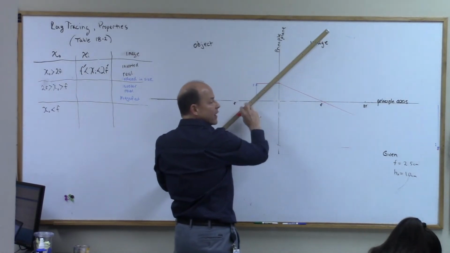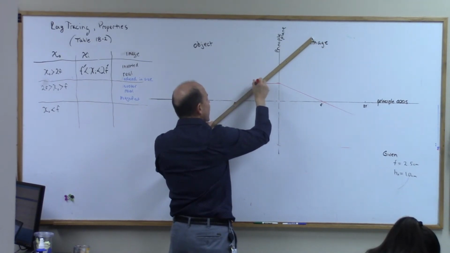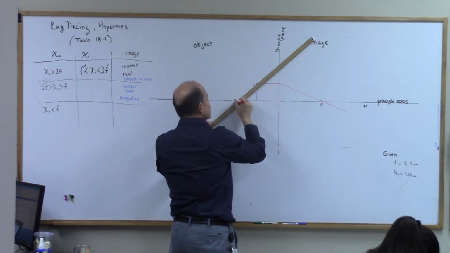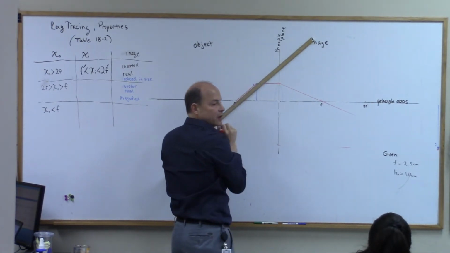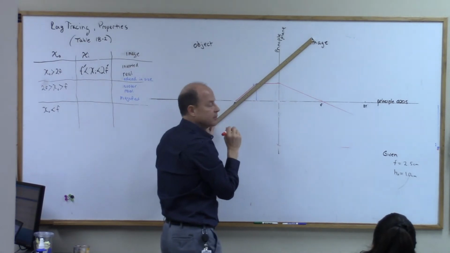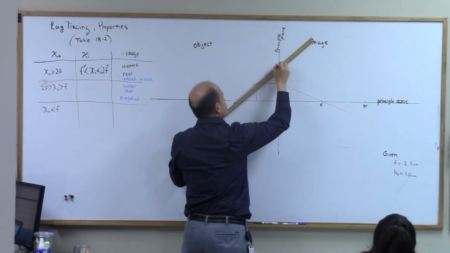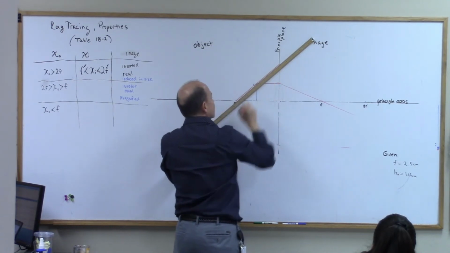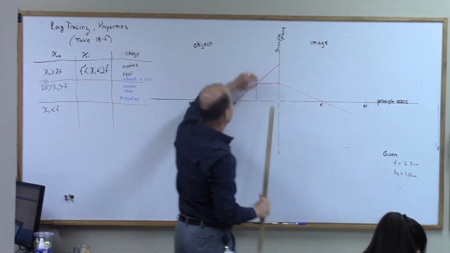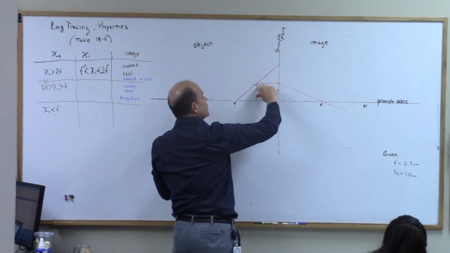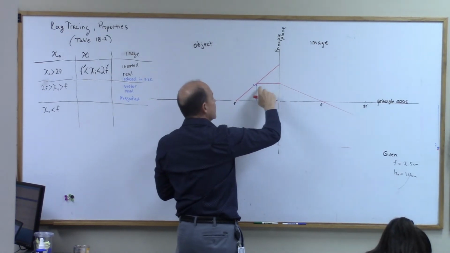So the ray you have to draw comes from the tip of the object and goes through the focal point. Well, how's that going to hit your lens? You have to project it. It's going to end up being virtual, right?